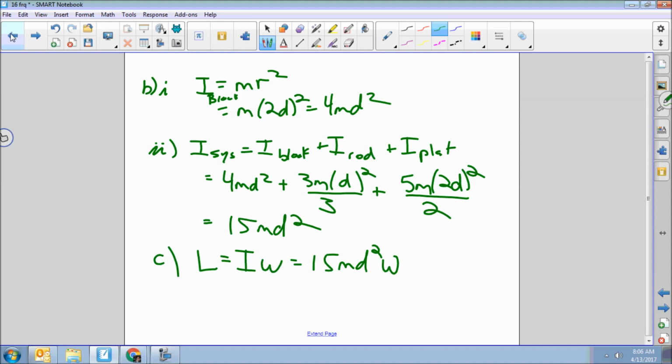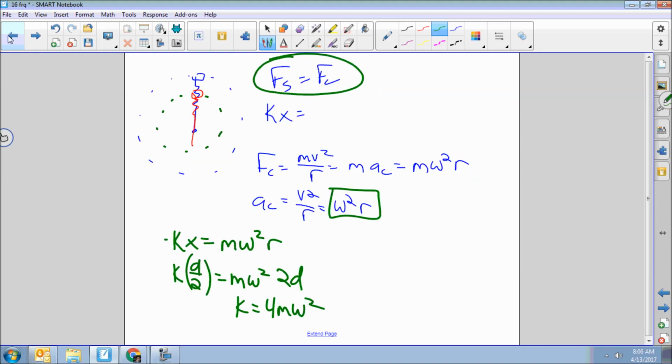So the issue is that my drawing is really crappy. That's the main issue. I know the length of the rod I've got is d over 2, right? But it's now pivoting at the middle, so the radial portion of the rod is d over 2.